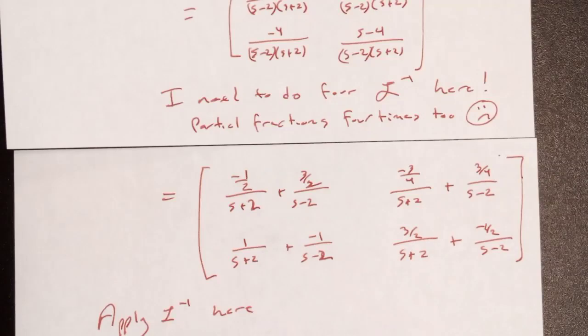So I'm going to get negative 1/2 e to the negative 2t plus 3/2 e to the 2t, negative 3/4 e to the negative 2t plus 3/4 e to the 2t, 1 e to the negative 2t minus 1 e to the 2t, and then I'm going to get 3/2 e to the minus 2t minus 1/2 e to the 2t.